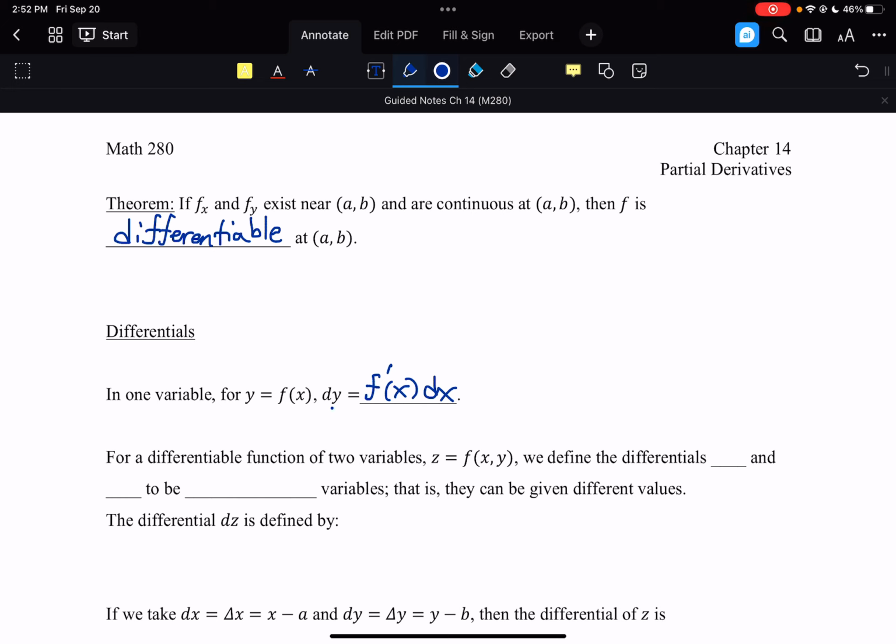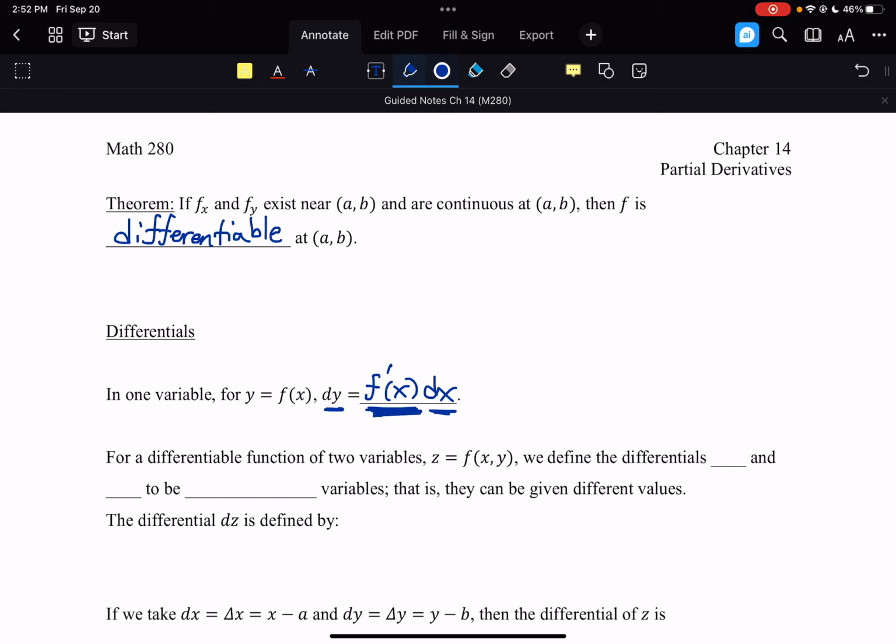This was one of those shortcut tricks where you say dy/dx equals f prime of x, and we just imagine multiplying across to the other side. That's the shortcut that they teach for differentials. But this gives us a definitive relationship between the derivative, f prime of x, and dx and dy.